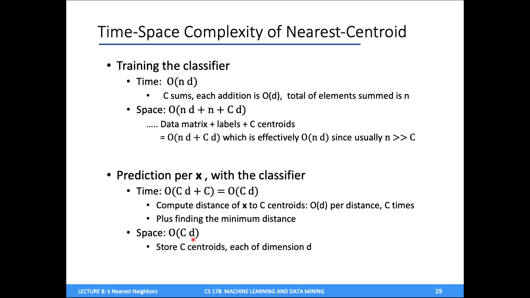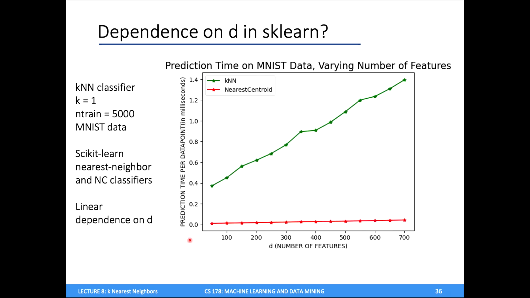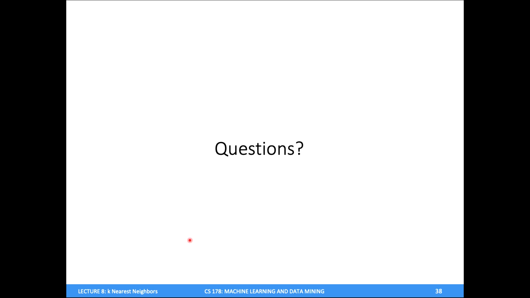So it is linear in the number of features you have. But as you can see from that previous graph, the constant on that linearity, the slope, is not very large. Yeah, other questions on our complexity analysis? Cool. Make sure you go back and review those calculations.